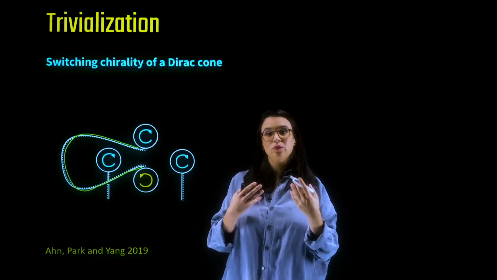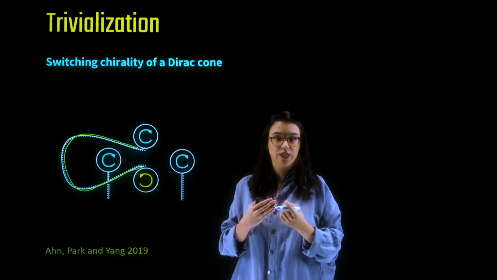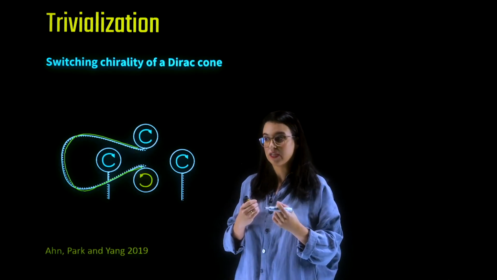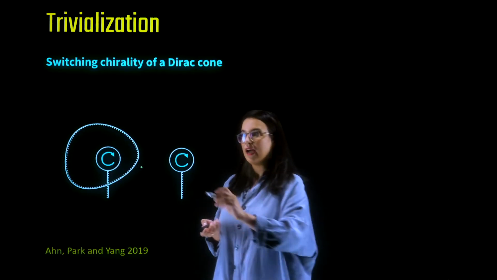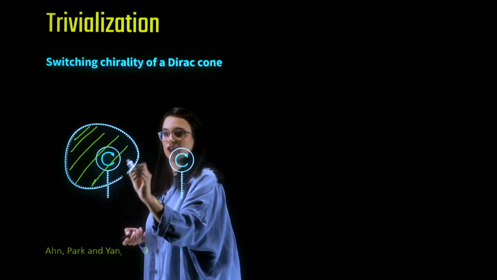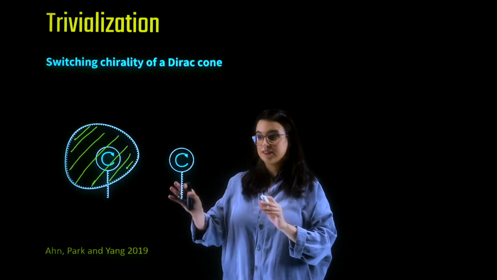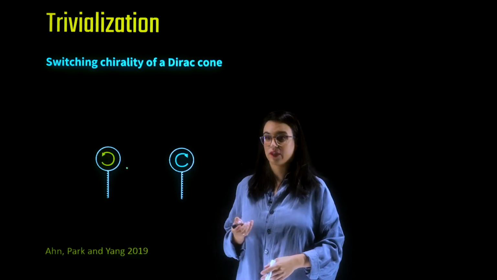This Dirac string indicates that there's a change in the sign of the first entry of the wave functions. And this means that when I annihilate them together, it will change the sign of the first entry in all of this enclosed region. It is exactly the same as a Dirac point of an opposite chirality.